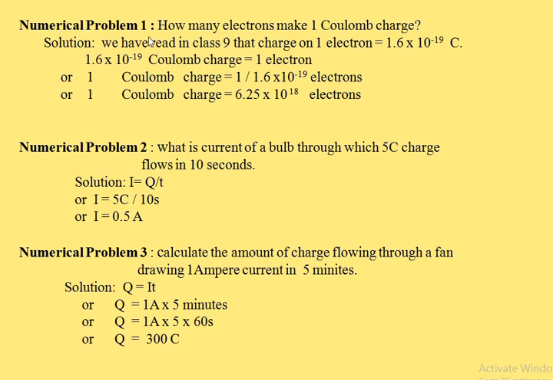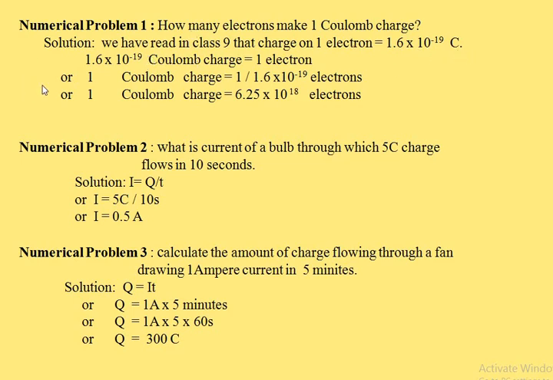The first numerical problem I have provided: how many electrons make 1 coulomb of charge? Here we are going to use one concept that we learned in standard 9 and the unitary method. You have learnt in 9th that 1.6 × 10^-19 coulomb charge is present on 1 electron.